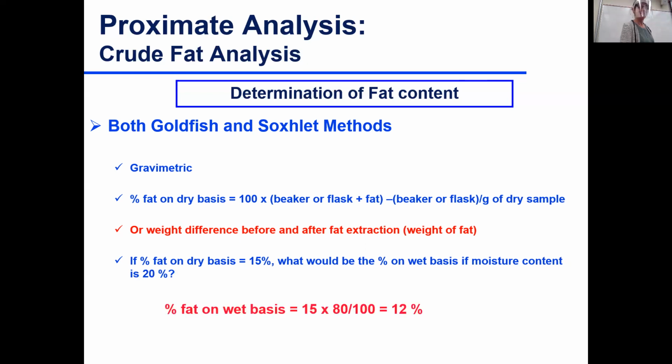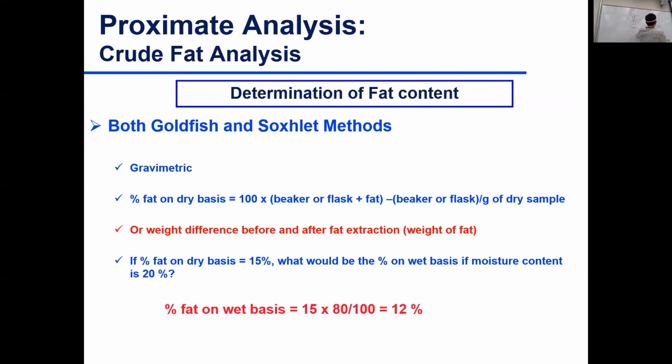Okay, it's 12. All right, so basically what you do is you take the percent of fat, you multiply that by 100 minus the percent moisture, and you divide that by 100%.